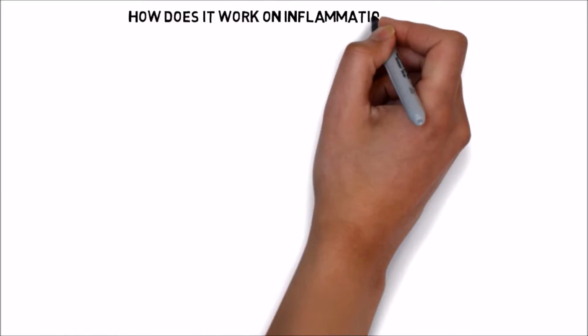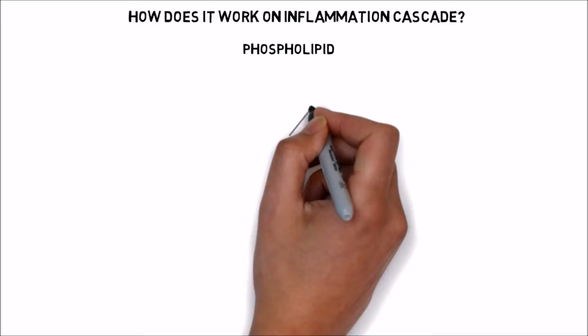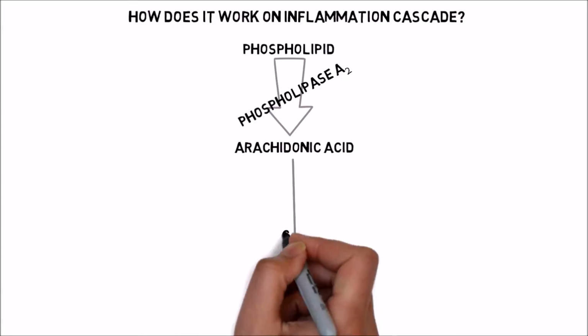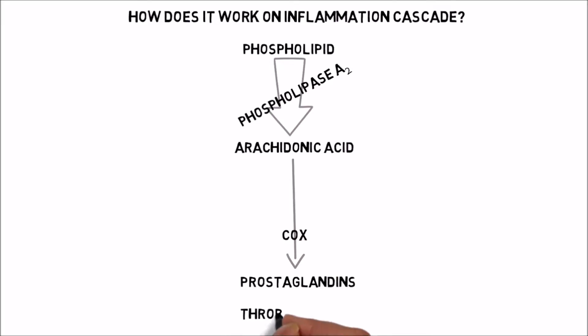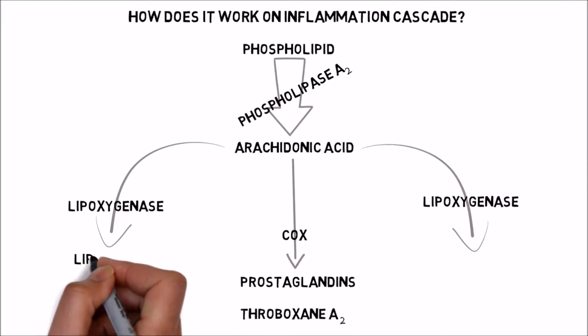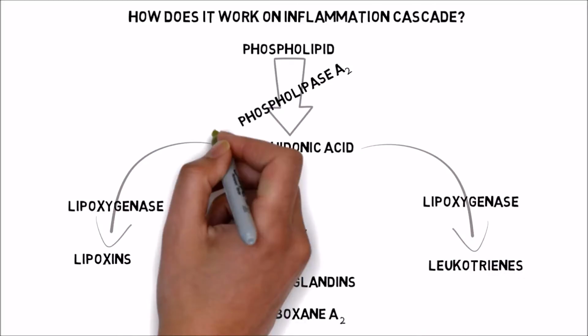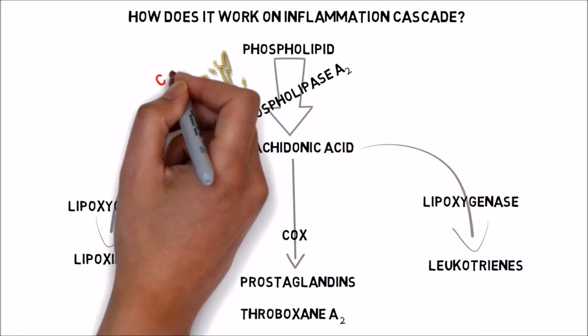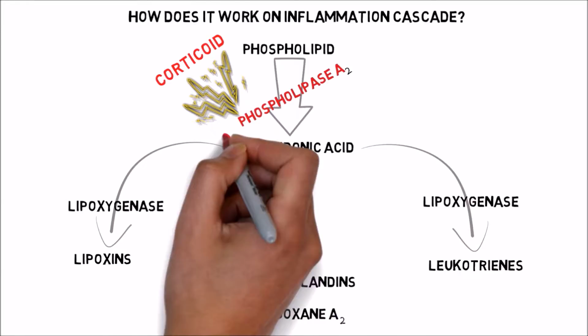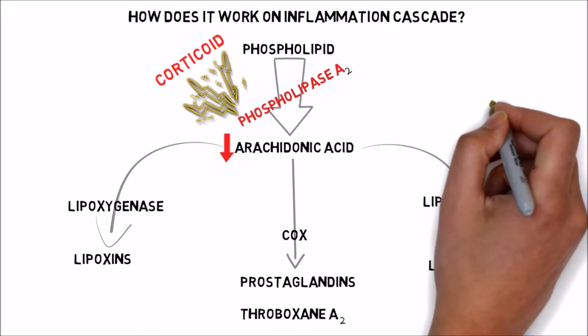So, the inflammation cascade is related to the arachidonic acid being transformed by COX into prostaglandins and thromboxane and by lipoxygenases into lipoxins and leukotrienes, responsible for the inflammatory effect. But where the glucocorticoids act, they inhibit the synthesis and activity of phospholipase A2, decreasing the amount of arachidonic acid produced.